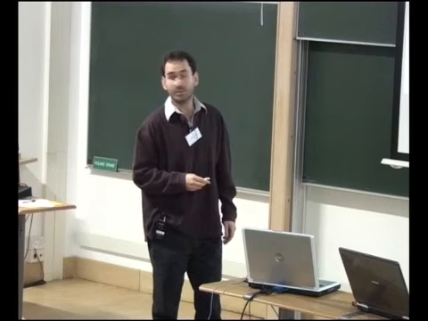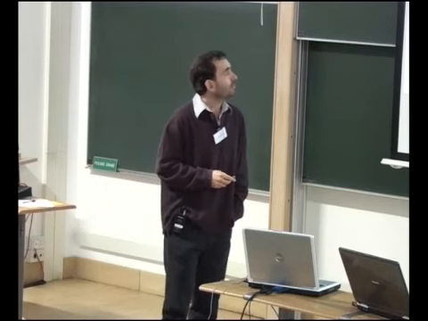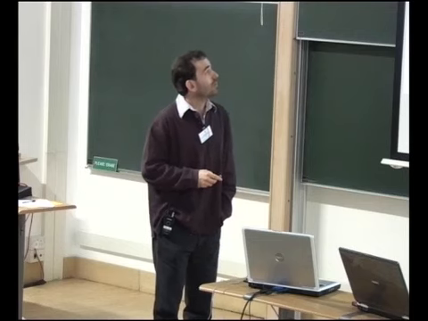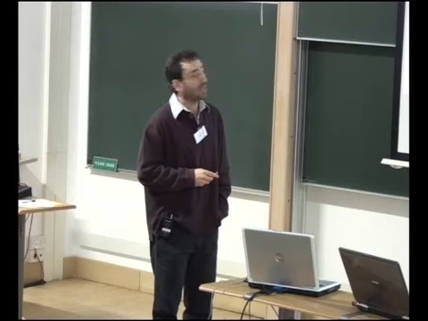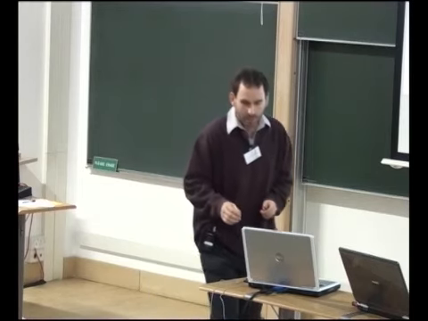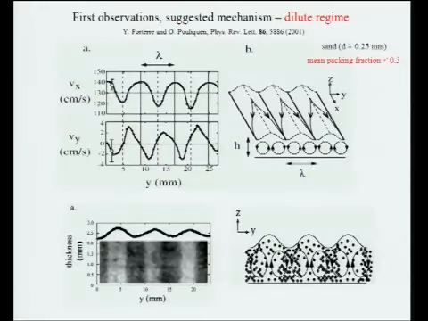In these normalized units for the plane inclination, that means 1.5 times the tangent of the angle of repose. So now we are interested in the dense regime. So I'm going to analyze the structure of these stripes in the dense regime.